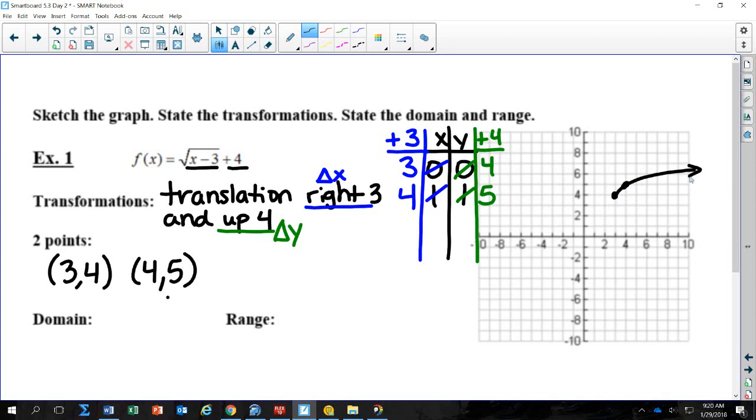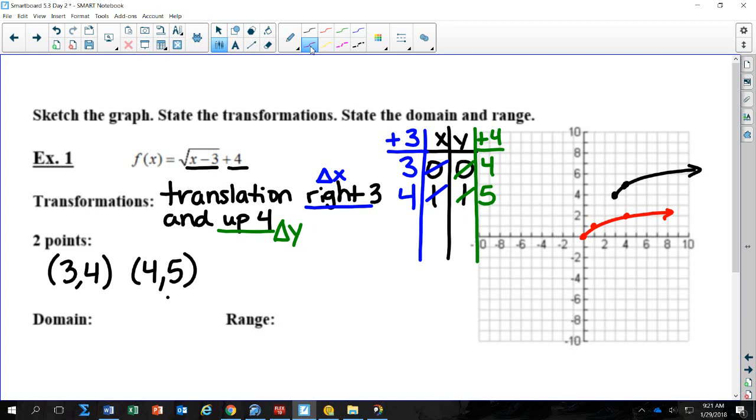That's my new function. For all of these, I'm not requiring you to draw in the parent function. I think that's redundant. You should know that the parent function has points 0, 0, 1, 1, and 4, 2. I'm not requiring you to draw that in, but it is a good exercise to think about whether the transformed function you drew makes sense.